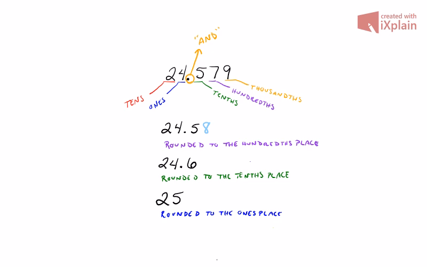So this is 24 and 579 thousandths. So we want to end in the place where our decimal point ends. If we look at our next example, this would be 24 and 58 hundredths, because our decimal place ends in the hundredth spot. So again, if we look at 24 and 6/10, because it ends there.